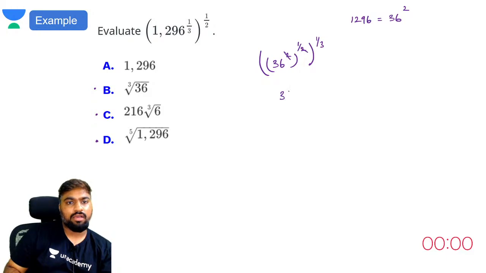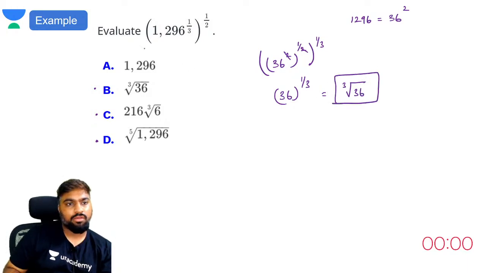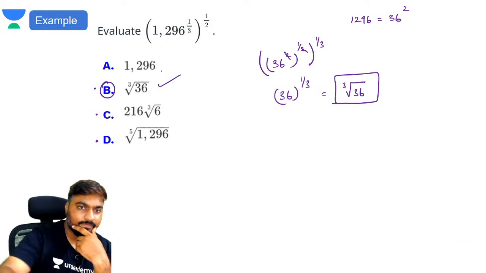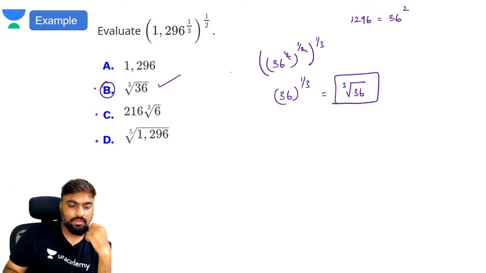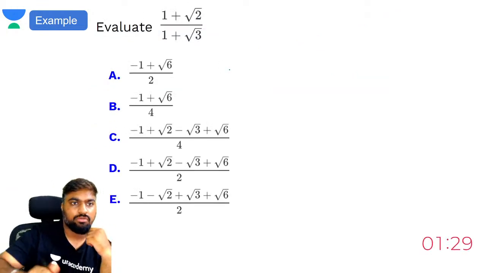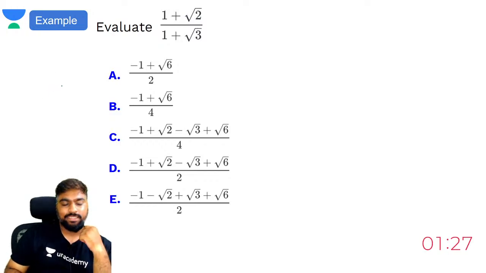What do you have? You have 36 to the power 1 by 3, which is nothing but cube root of 36. Where do you have cube root of 36? Option B. This is your right answer. Is this clear, guys? Everybody? Chalo. Now try this question out.